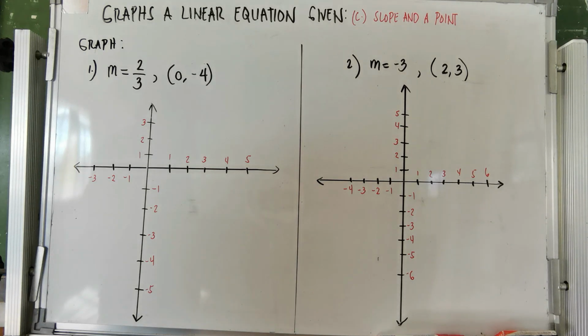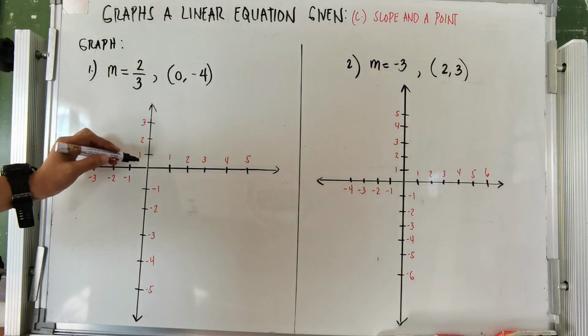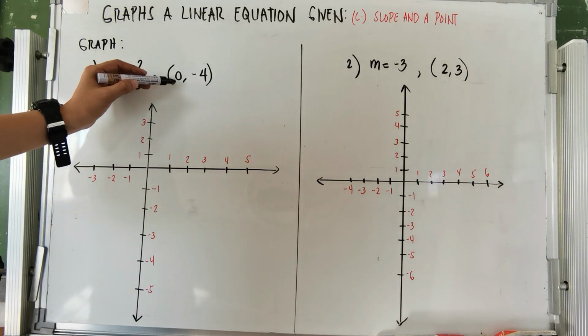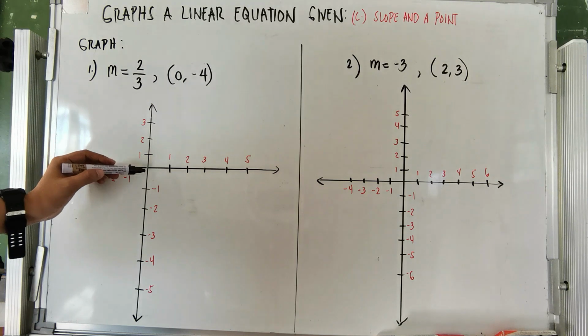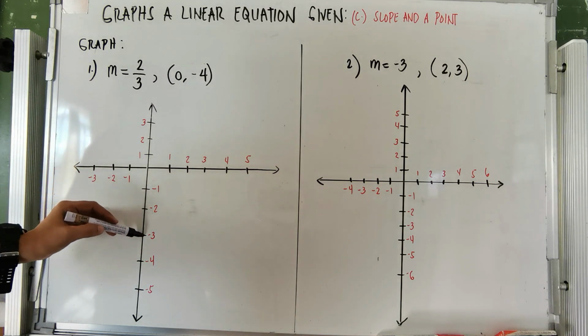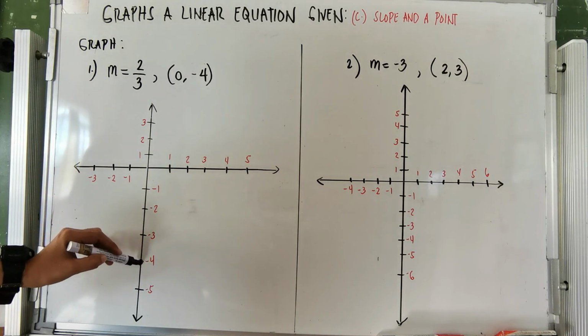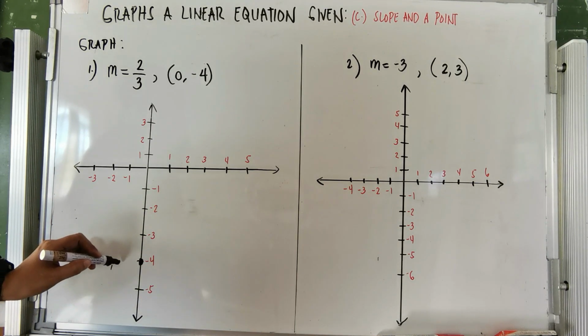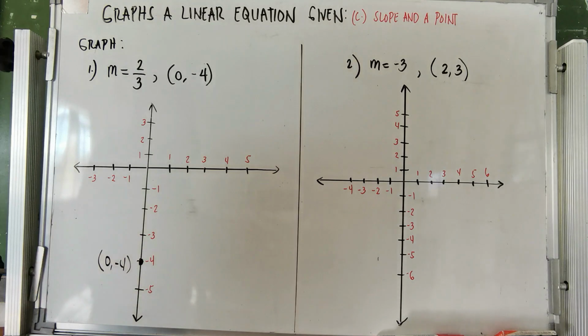So if we're going to plot that point, that is located exactly in y-axis since meron tayong 0 na coordinate and downward. So ito yung ating first point which is (0, -4).